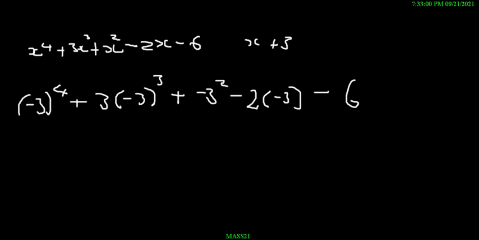So this is equal to 81. 3 to the power 4 is 81, plus 3 to the power 3 is negative 27. Negative 27 times 3 is negative 81. So negative 81 plus 3 to the power 2 is 9.